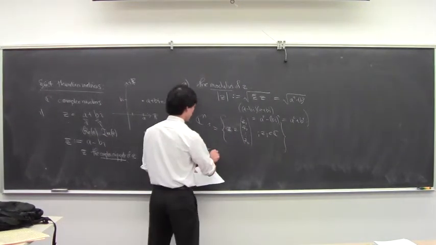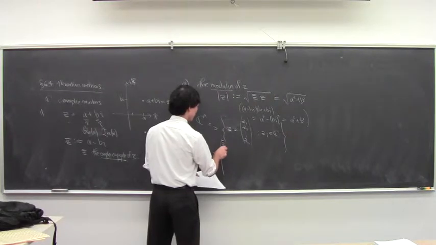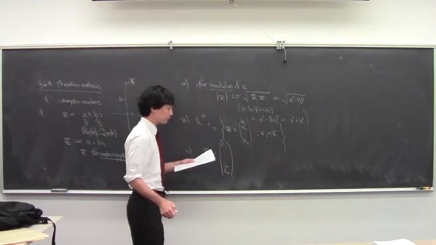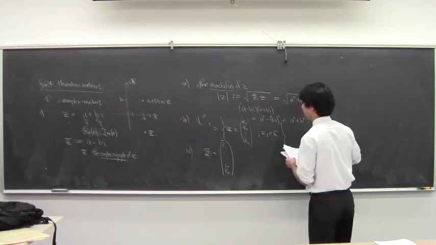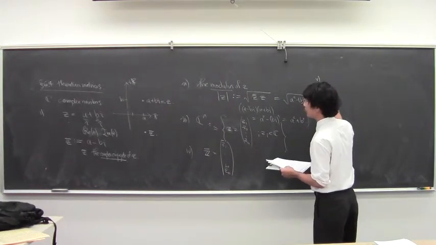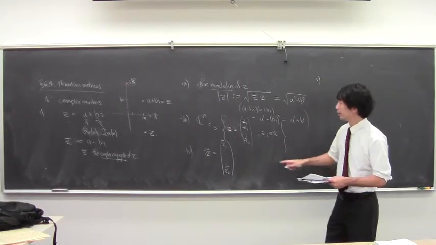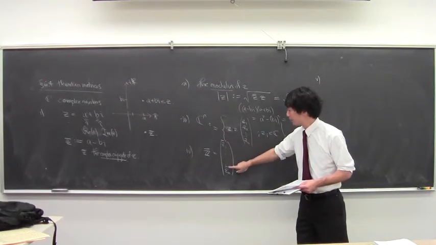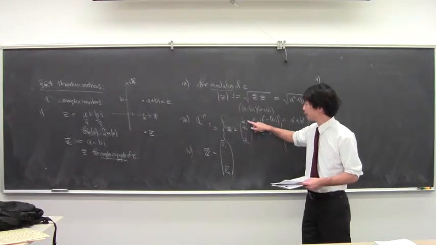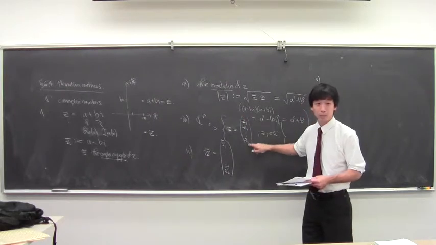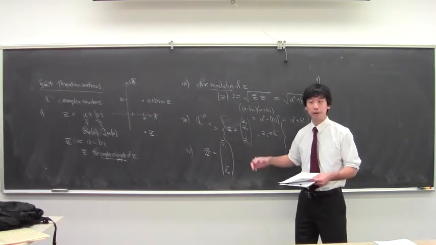It's just going to be the vector of complex conjugates. So z bar is going to be the same as z, but with the complex conjugate of each thing. You have a complex vector, each of these is a complex coordinate, and you take the conjugates of all those coordinates.